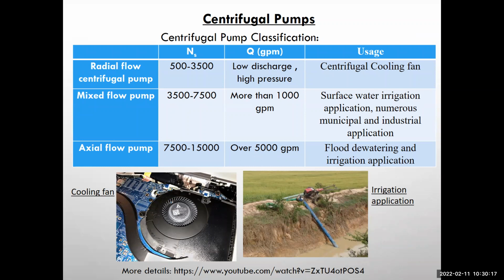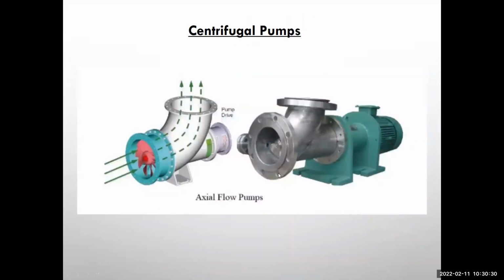Okay, so obviously for irrigation application, you need a huge amount of water. Whenever you have a flood, you need to dewater, so at that time you can actually use the axial flow pump, okay? For the centrifugal axial flow pump, you can see the pump is rotating this way, and the propeller flow is going this way.